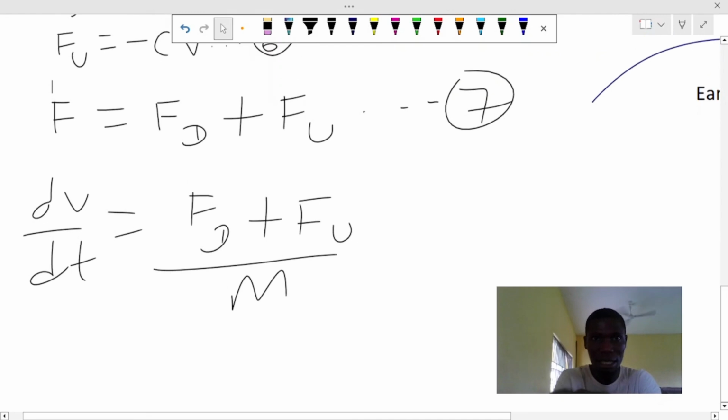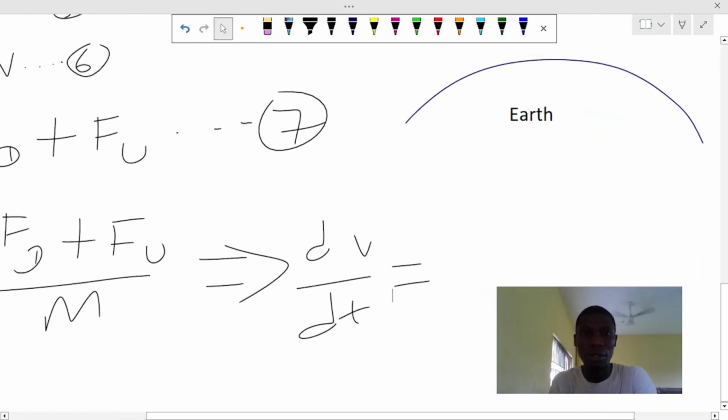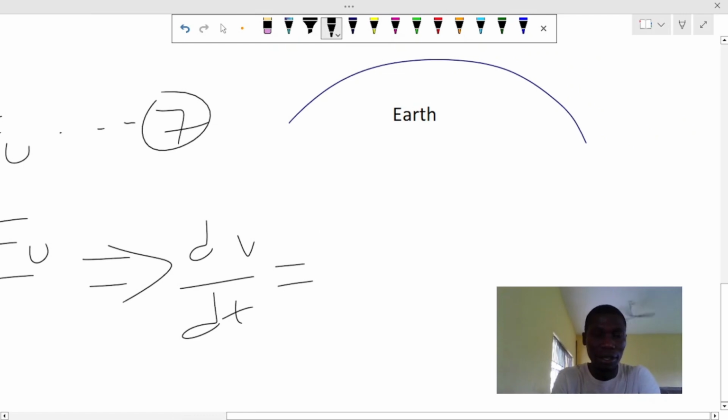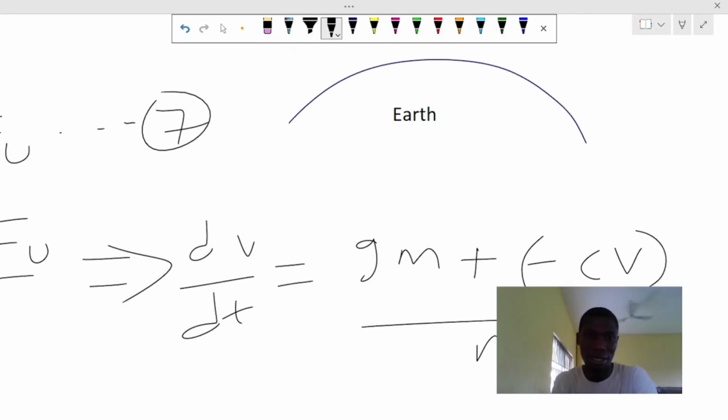That means we can have dv/dt equals gm, and then cv is negative, so negative cv, all over m.